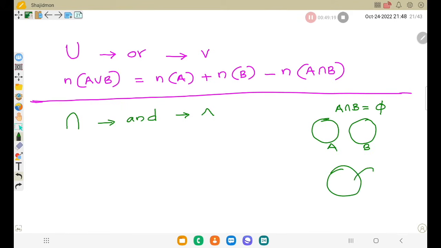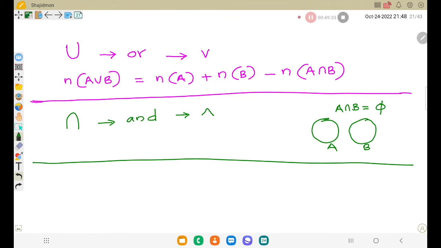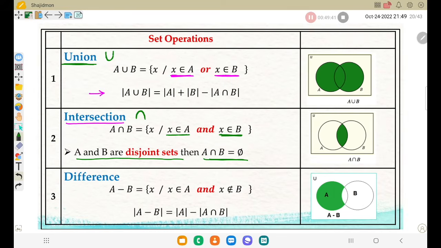If you draw like this, there is one common portion. This is the common intersection portion, correct? But here in the first figure there is no intersection. So the intersection is empty. We can say empty set. Okay. So these types of sets A and B we call by a special name, disjoint sets. Disjoint set. Hope you understood.